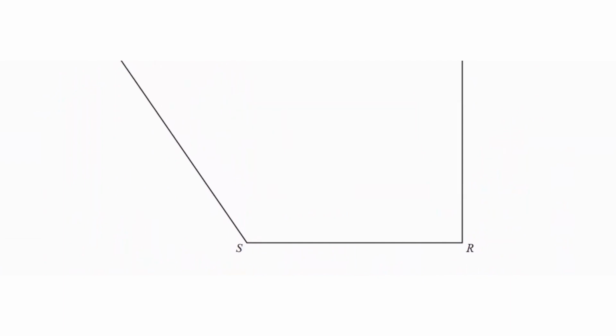What you will do is open your compass to a specific length. It can be any length as long as it's less than SR. You will put your pointy part at S and draw an arc with that length over here and here. Then you will put the point over here again and draw another arc over here and repeat the same steps from over here using the same length that the compass has opened to.